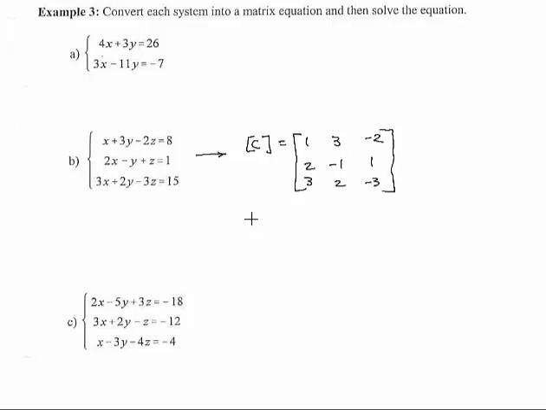And we're dealing with a 3 by 3, a system of 3 equations. So our variable matrix is going to look like this. And to compute x, y, and z, we take the C that we wrote out above, calculate the inverse, and then multiply that by the D matrix, which is 8, 1, and 15.